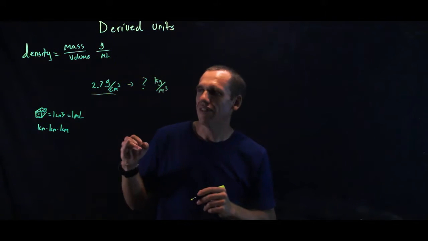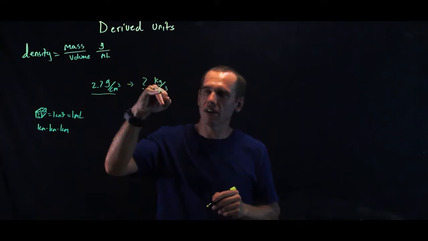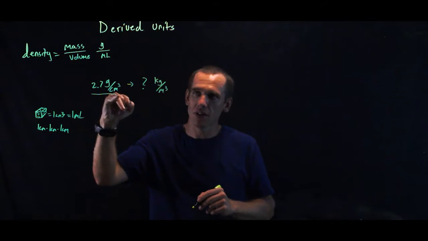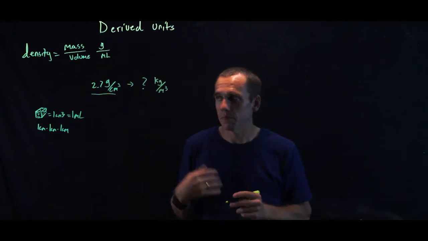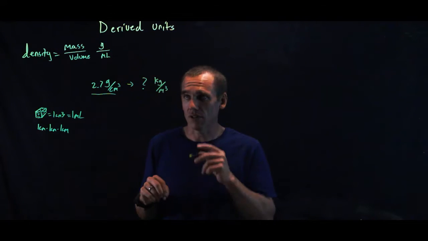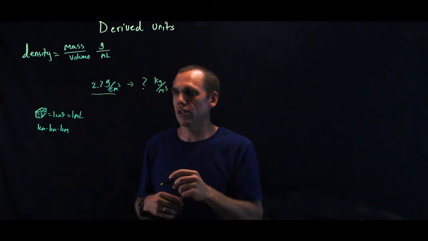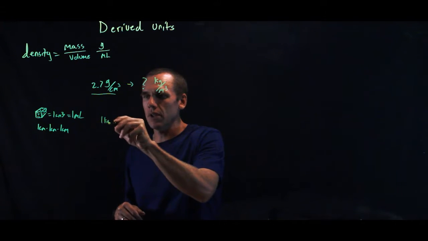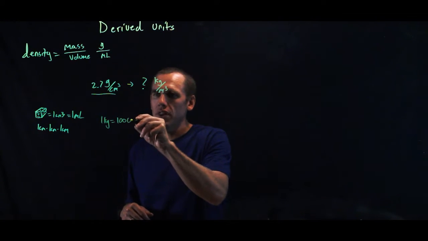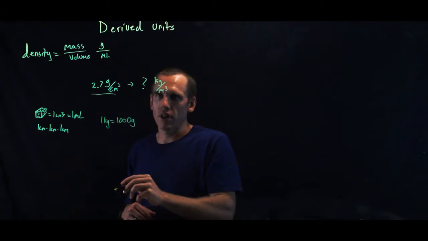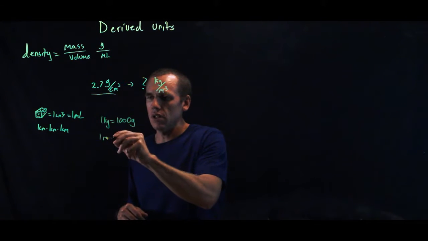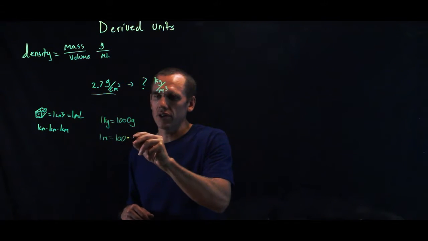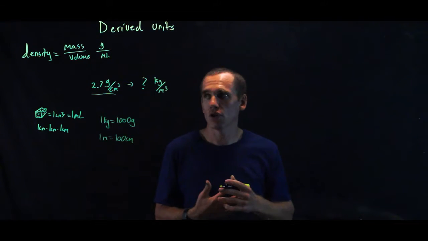Now, all that means is I have to change the grams to kilograms, and I have to change the cubic centimeters to cubic meters. I need conversion factors for that, or I need to remember how the metric system works. But remember, 1 kilogram is the same thing as 1,000 grams, and 1 meter is the same thing as 100 centimeters. There's my 2 conversion factors.